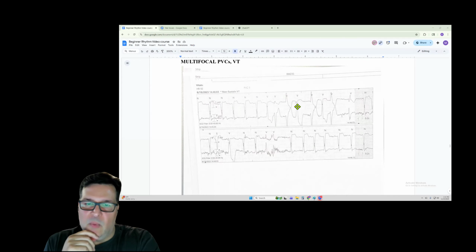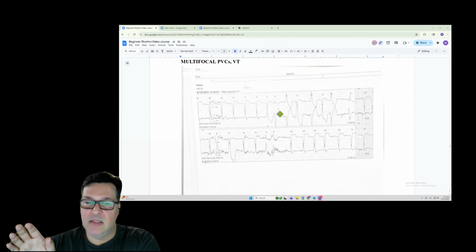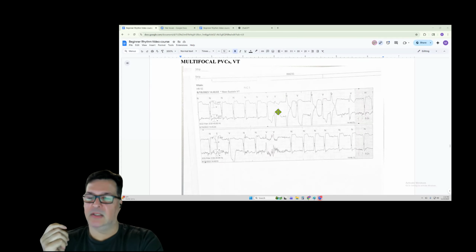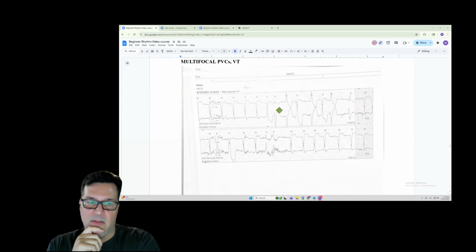And this one is wide negative, because you would measure the QRS right there at the bottom of the arrow to here. And then again this positive one, so it's flipping. It's coming from the left and right ventricle. So that is polymorphic or multifocal VTAC, where the other one had the same consistent QRS complex. This one's a different QRS complex because it's coming from different excited cells.